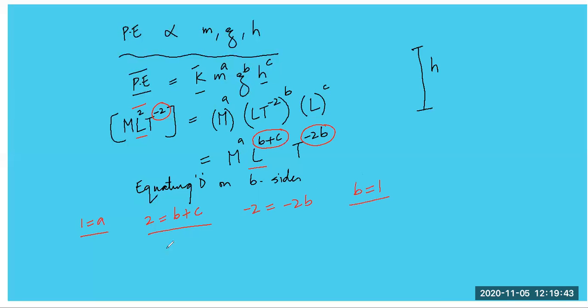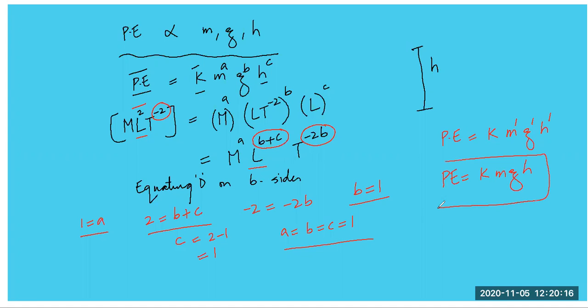When b is equal to 1, I will get c is equal to 2 minus 1 is equal to 1. So you see, you got a is equal to b is equal to c is equal to 1. From that, you will get the formula: potential energy is equal to some constant K into m raised to power 1, g raised to power 1, h raised to power 1. See that? So beautiful. Potential energy is equal to K m g h.